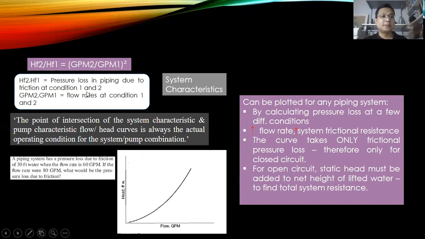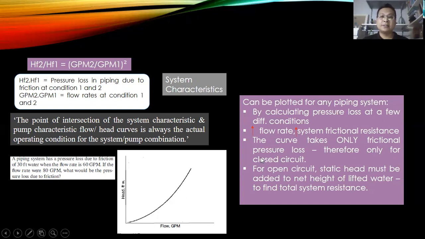So we can make an equation relationship between them. We call this the characteristic of the piping system. It can be plotted for any piping system by calculating pressure loss at a few different conditions: flow rate, system frictional resistance. We input the frictional head loss inside the formula for how to calculate the NPSH.